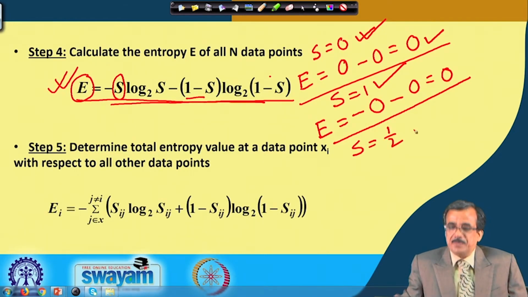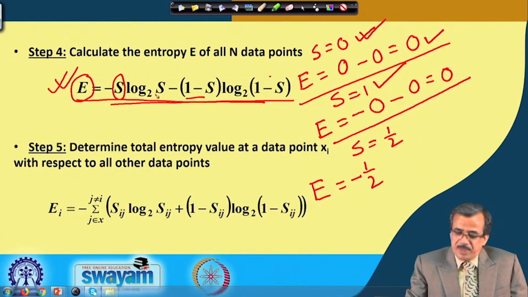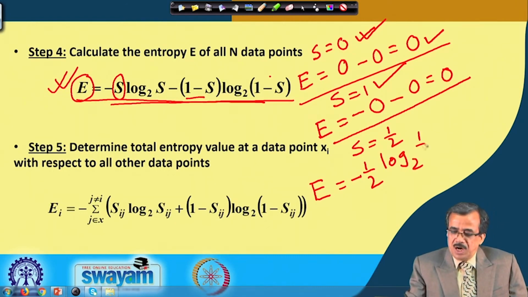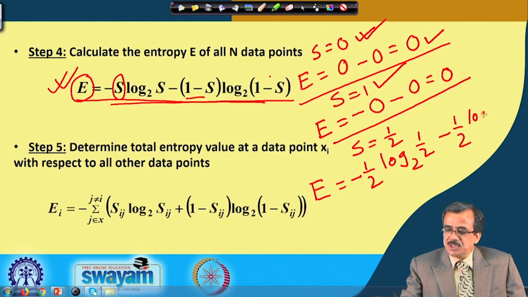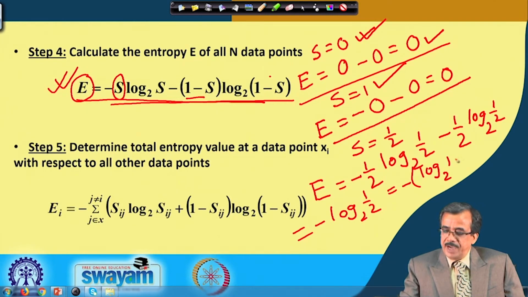Now, let us try to find out what happens when S is put equal to say 0.5 or half, because S is in between now. So, we calculate the entropy. This is nothing but minus half log base 2 half minus, so S equals half, so 1 minus S will become half, then log base 2 half. This can be written as minus log base 2 half, which is minus, log 1 base 2 minus log 2 base 2.